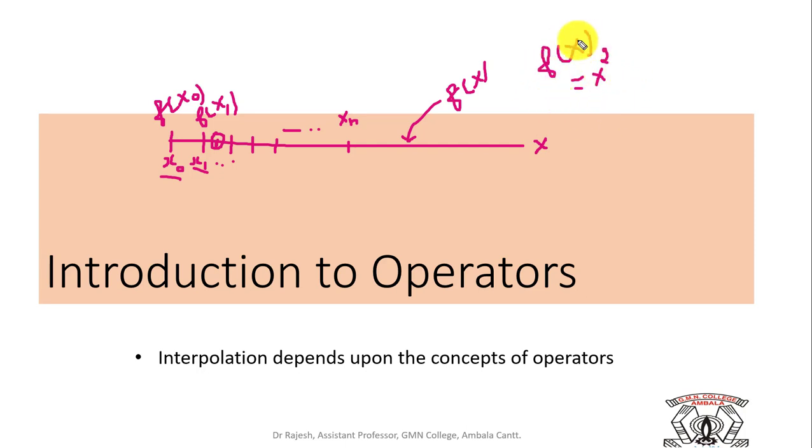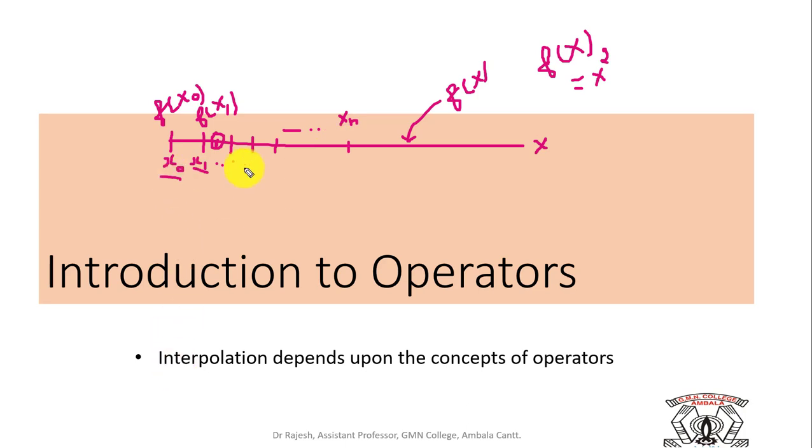But in this case we are not given any function, but some n plus 1 values of the function are given at n plus 1 points, and then we are asked to find the value at any other intermediate point. So that is what you call interpolation.